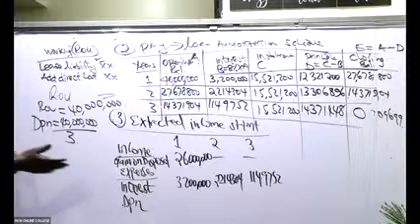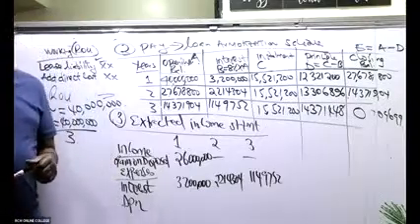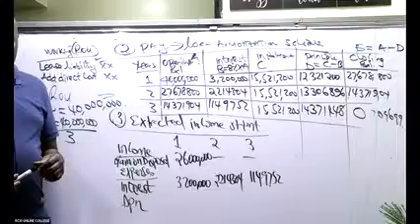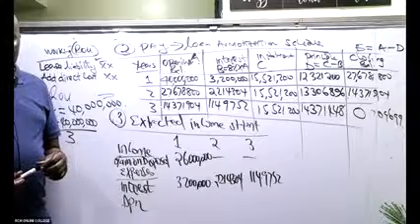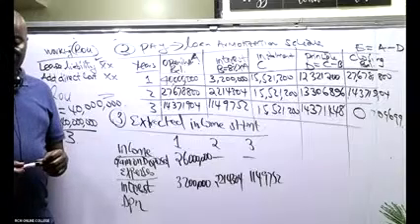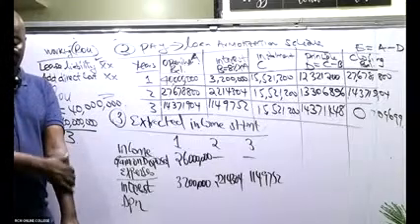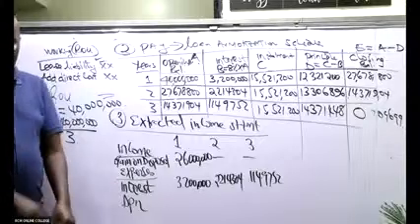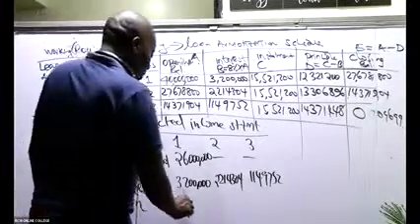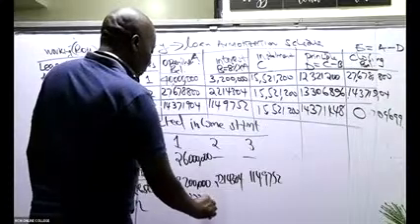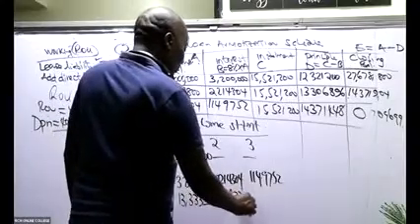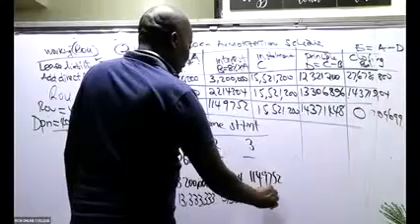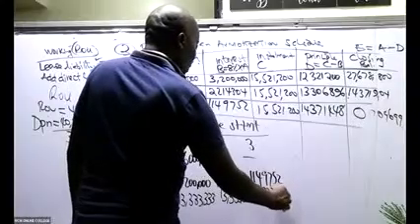This is what I'm going to book. So we have here 13,333.33 each year.